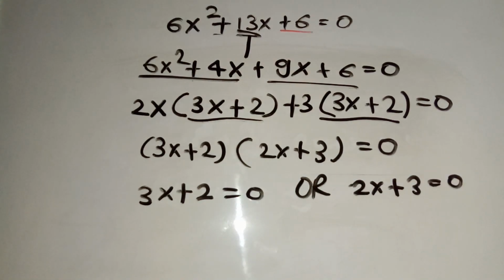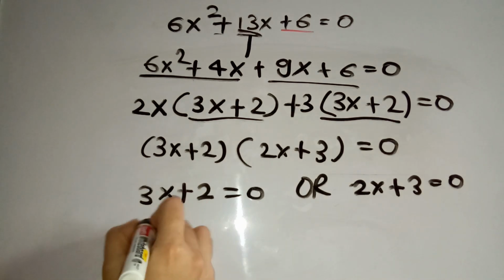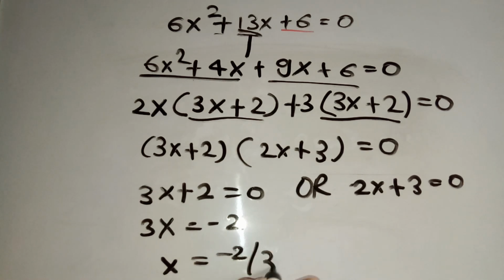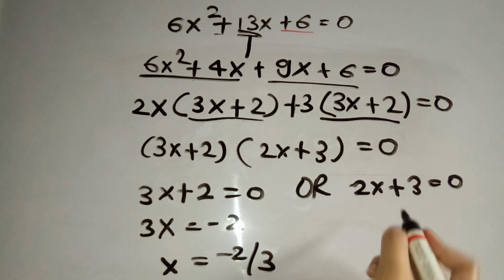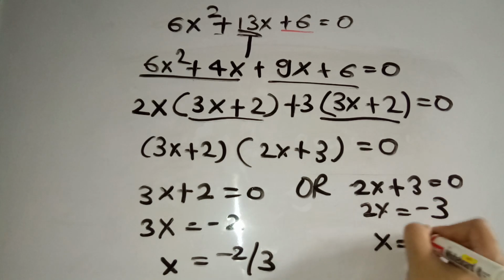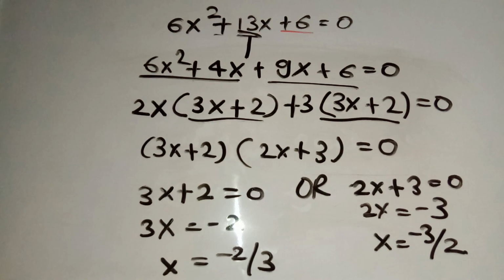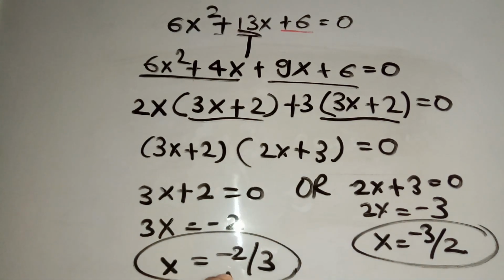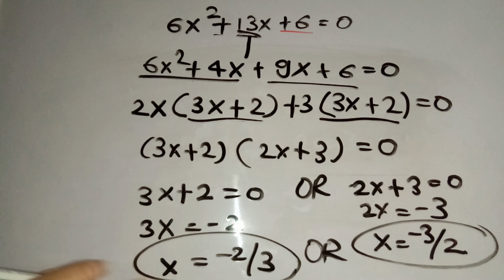Now solve this. 3x is equals to minus 2, therefore x is equals to minus 2 by 3, and for this 2x is equals to minus 3, so x is equals to minus 3 by 2. So these are the solutions, that x is equals to minus 2 by 3 or x is equals to minus 3 by 2. So this is how we find the factors for the given quadratic equation.